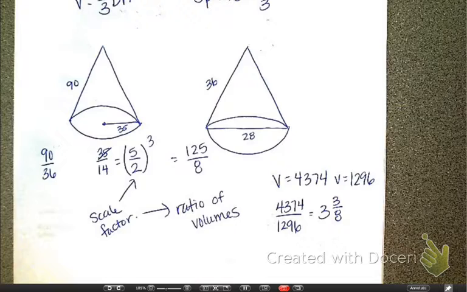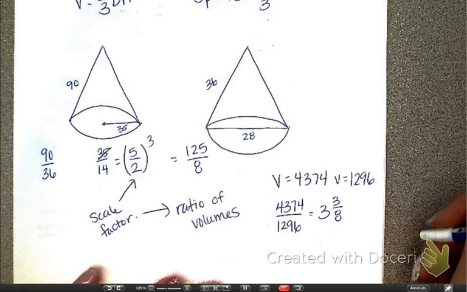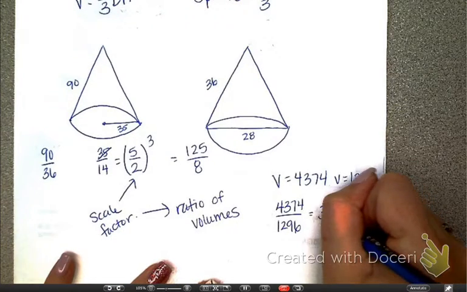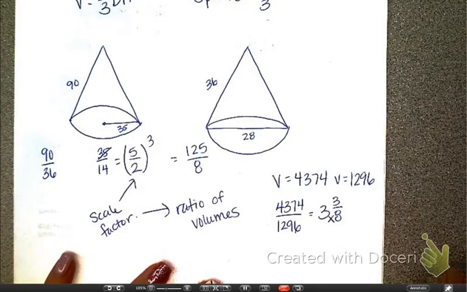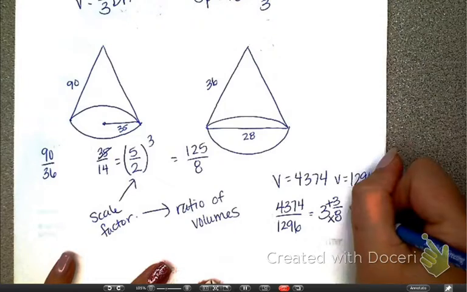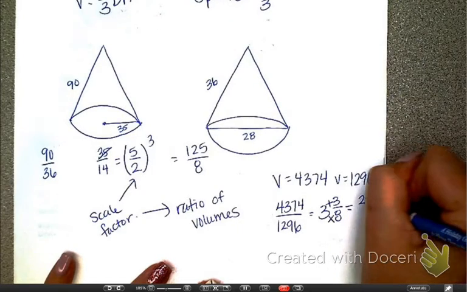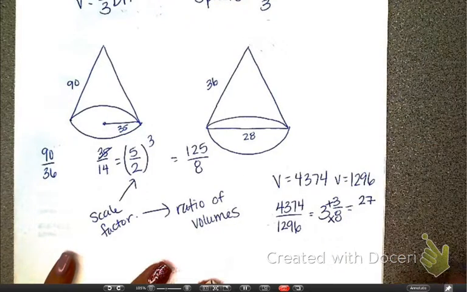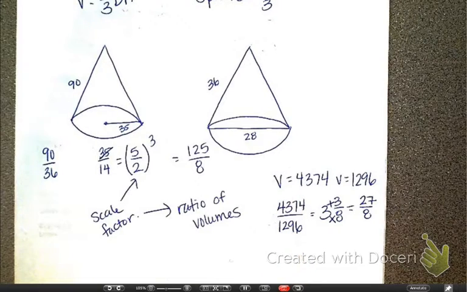Who remembers how to change a mixed number to an improper fraction? Mia. You multiply on the bottom and then add. So 3 times 8 is 24 plus 3 is 27 over your denominator. Now this is what you would have done had you reduced all the way down. You can do it on the calculator too.